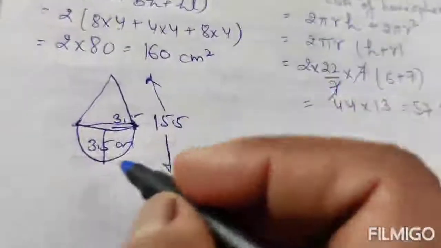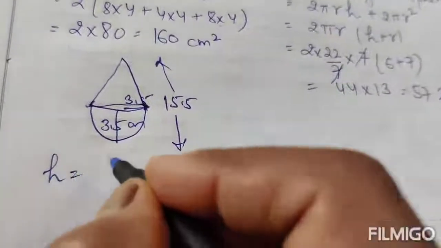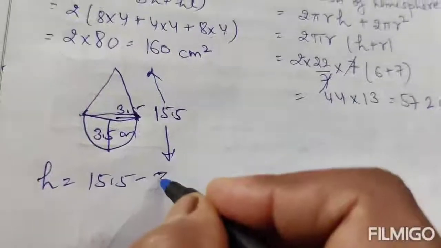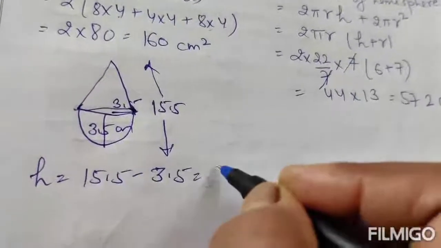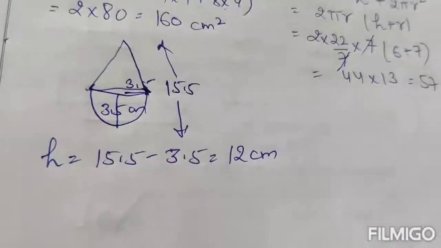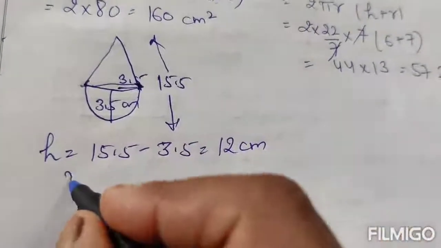Then the height of the cone is 15.5 minus 3.5, which is 12 centimeters. The height of the cone is 12 centimeters and the radius is 3.5.